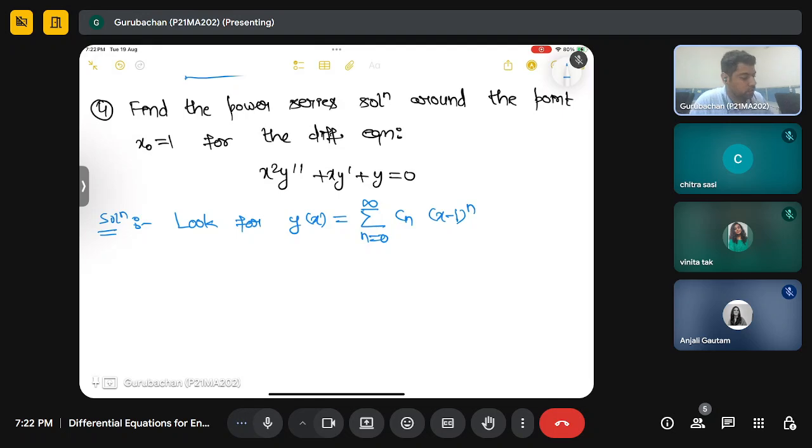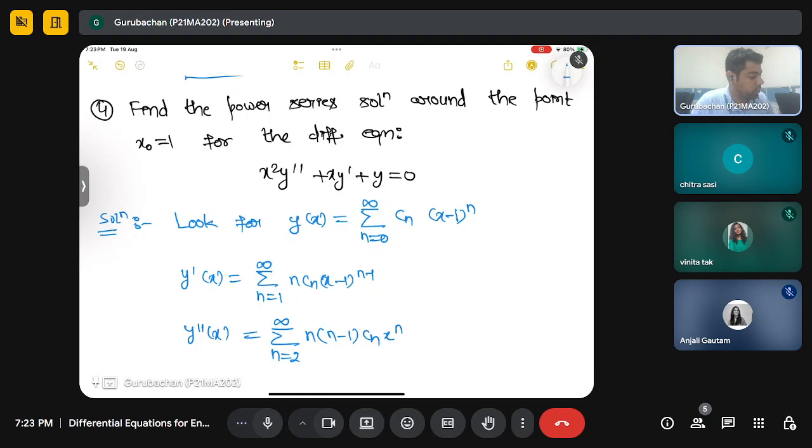So for example, here y dash x you will get summation n 1 to infinity n cn x minus 1 to the power n minus 1, and y double dash x will be summation n 2 to infinity n into n minus 1 cn x minus 1 to the power n minus 2.